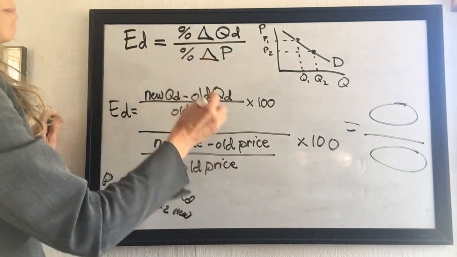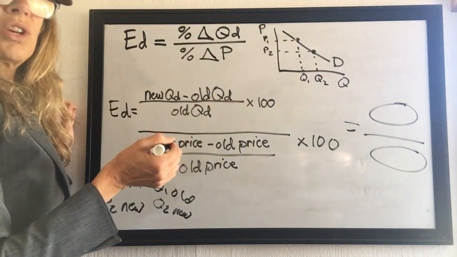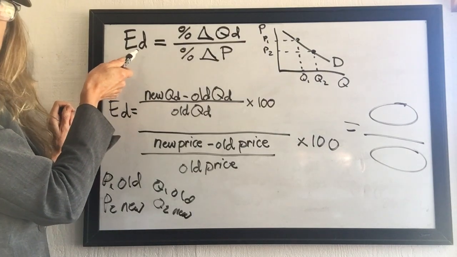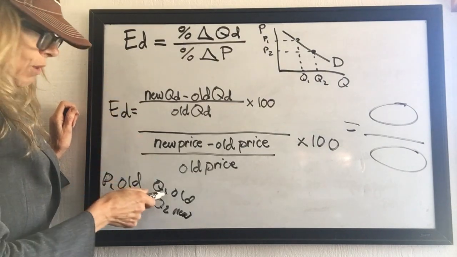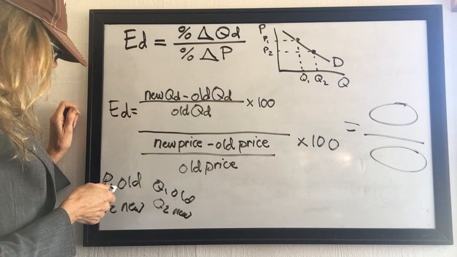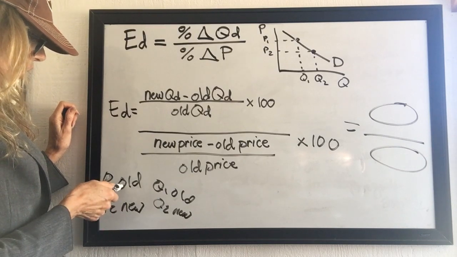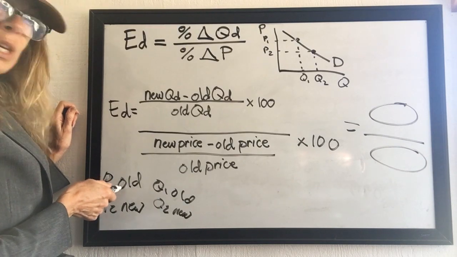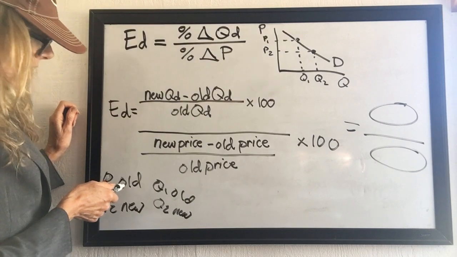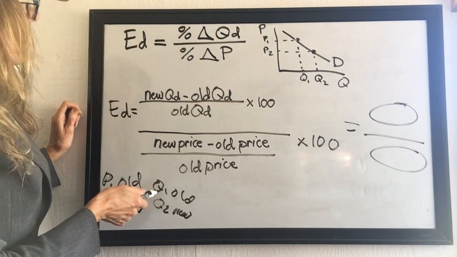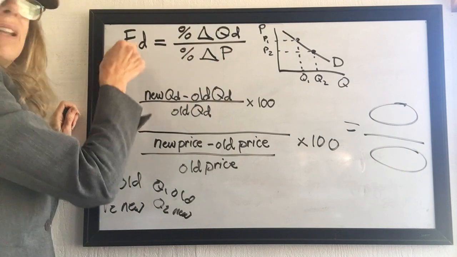If we plugged in numbers for those calculations, we would get a coefficient here. But if we reversed these and made P2 be the old and P1 be the new, and vice versa here, you're going to get a different number.